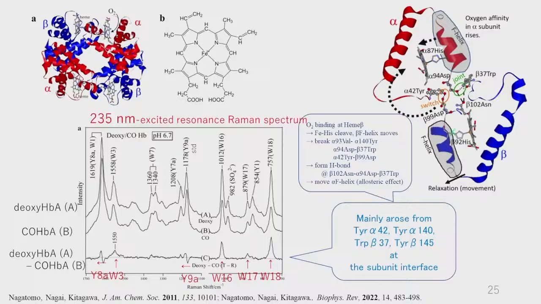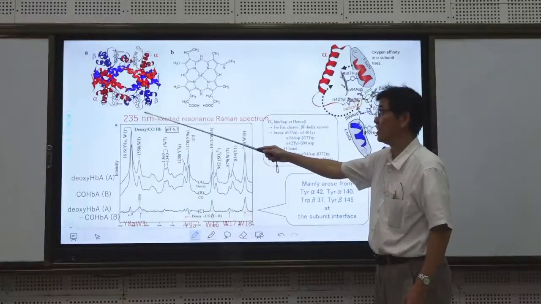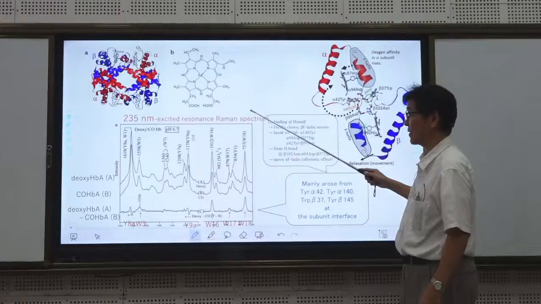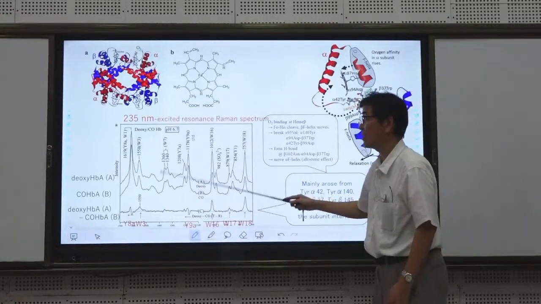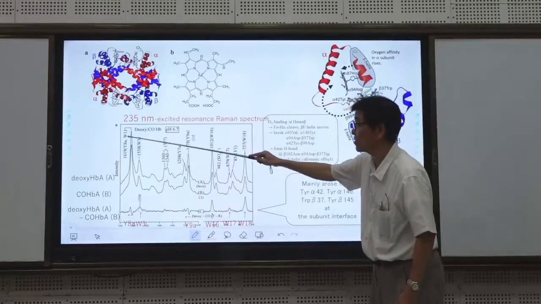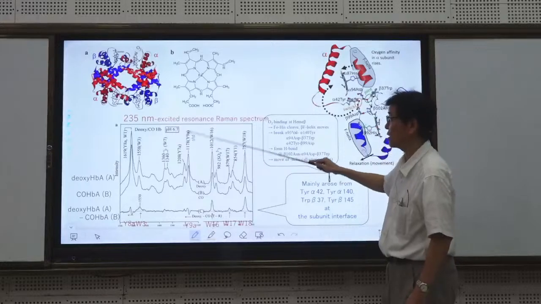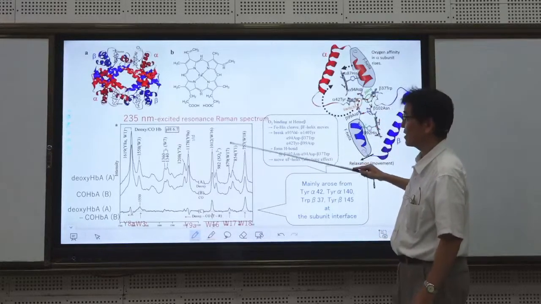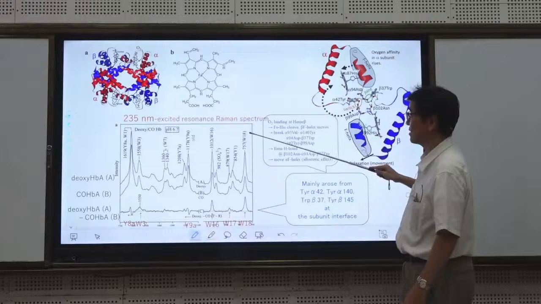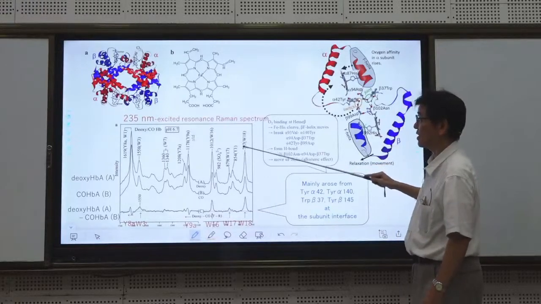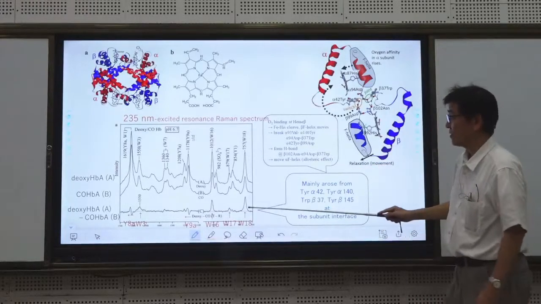Last slide. They measured a 35 nanometer excited Raman spectrum, and they selectively detected the signal of tryptophan, tyrosine, tryptophan, tryptophan.